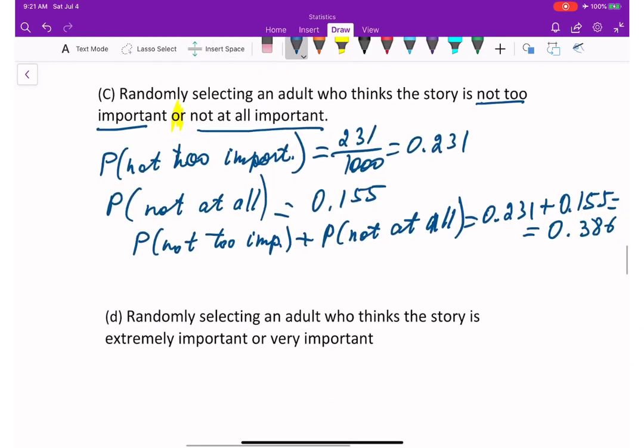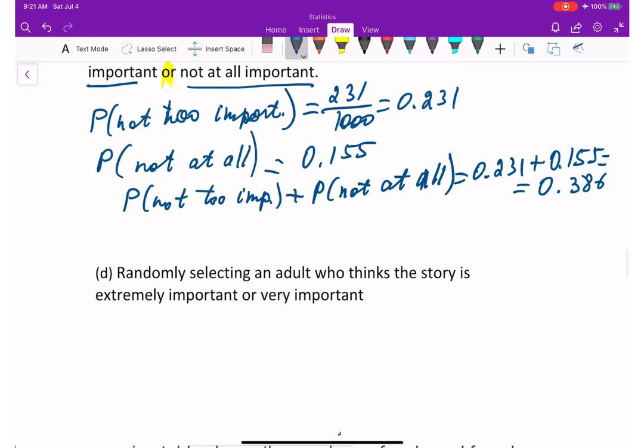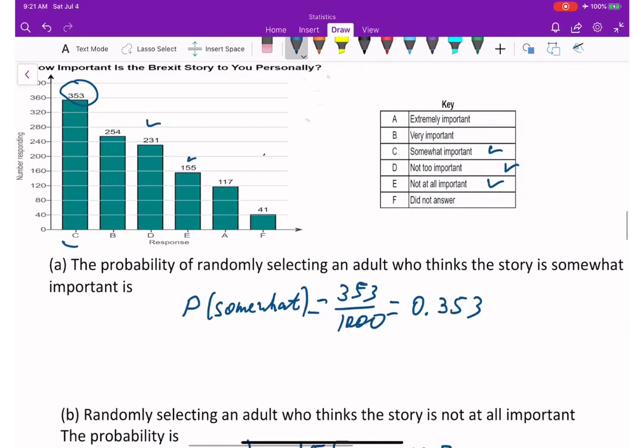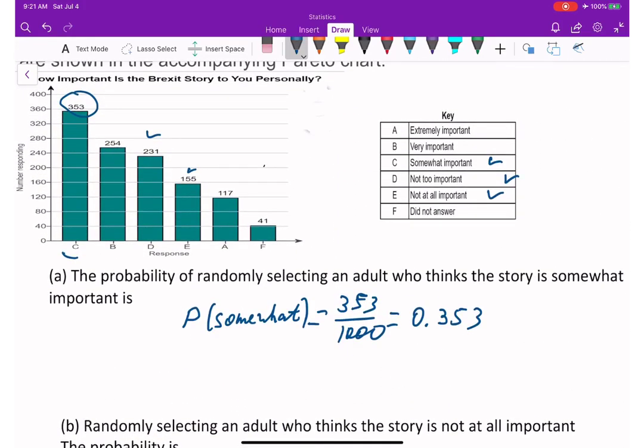Okay. Next one. Randomly selecting an adult who thinks the story is extremely important or very important. So we have two probabilities: extremely important and very important, connected with "or". So extremely important, how much do we have? Oh, wait a minute.